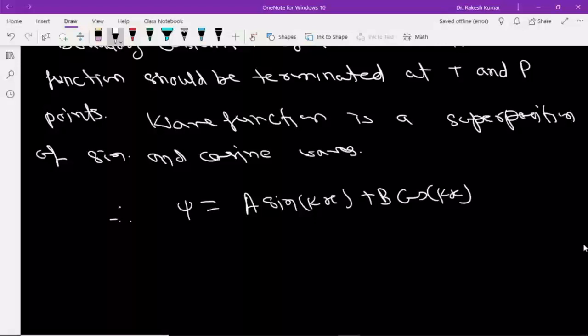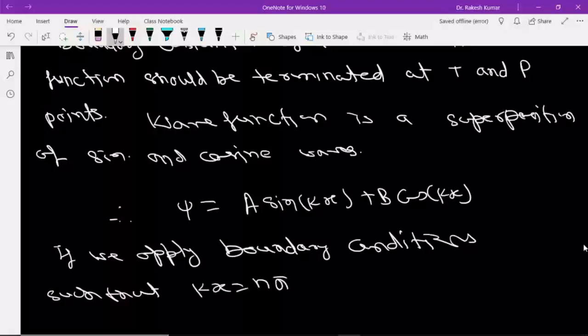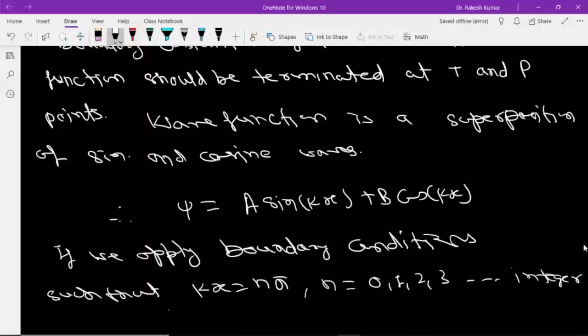So this is the linear combination, and if we apply boundary conditions such that kx equal to n pi, where n equal to 0, 1, 2, 3, that is integer, from here we can get k equal to n pi by x.